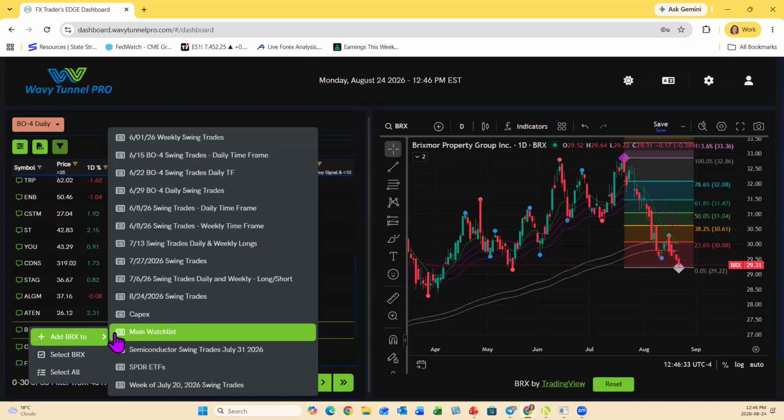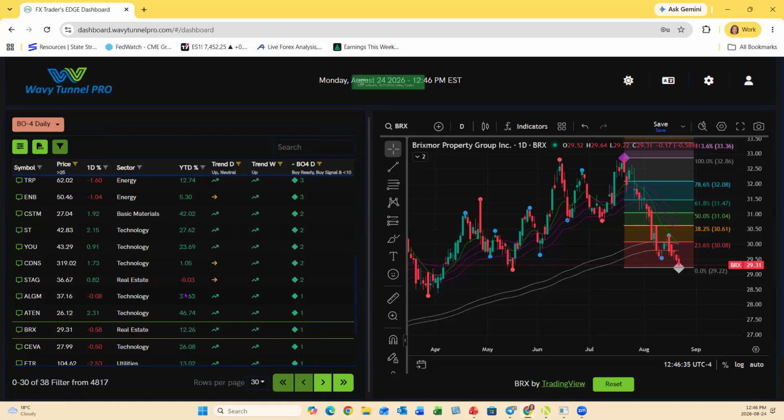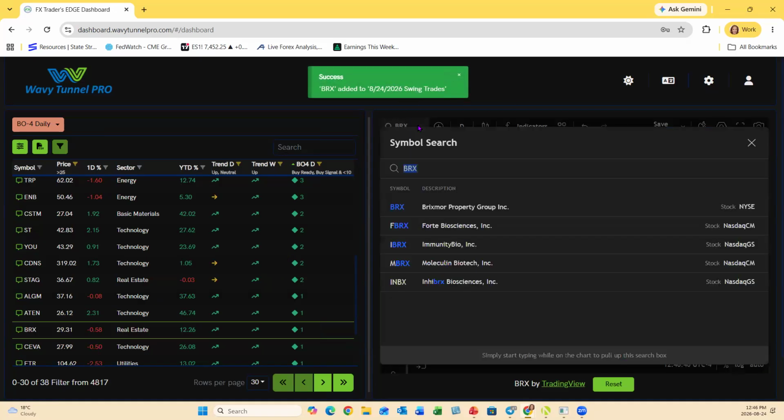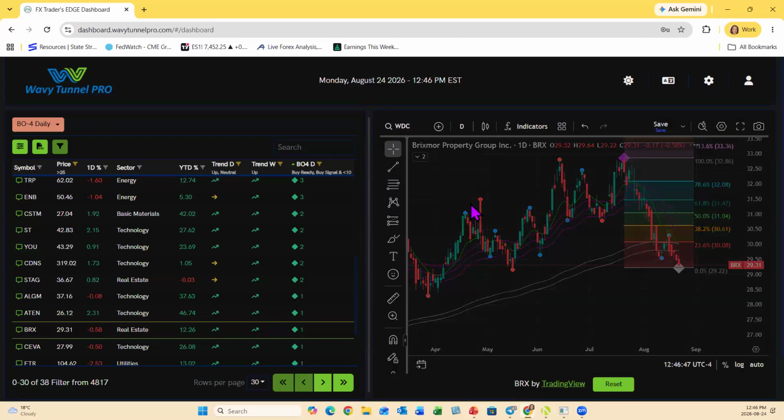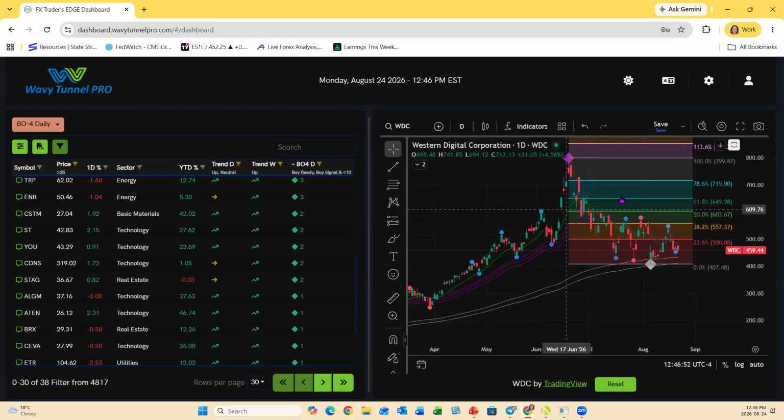Now, let me just go back to, there's a question. So let me go back to WDC. So the question is, when you get the chance, reshow the WDC chart for me to visually see versus MTZ in relation to the wavy tunnel.